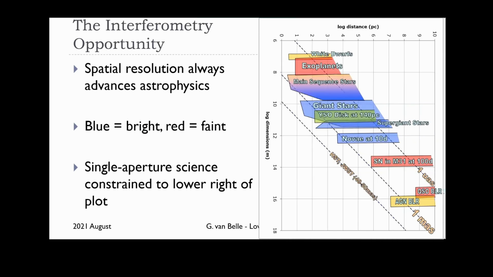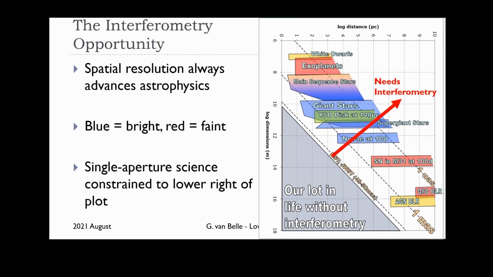But next slide. We are limited because of what we can do with single aperture telescopes. You need interferometry to get to the highest levels of angular resolution here. So moving to the upper right, you're getting into milliarcsecond and then microarcsecond regimes if you want to image these objects that are both nearby, such as white dwarfs, and far away, such as quasar broad line regions.